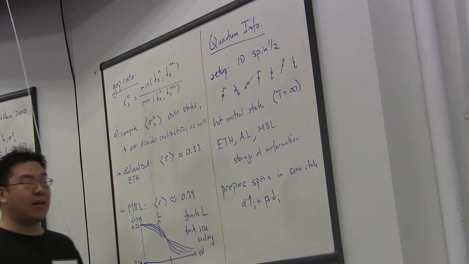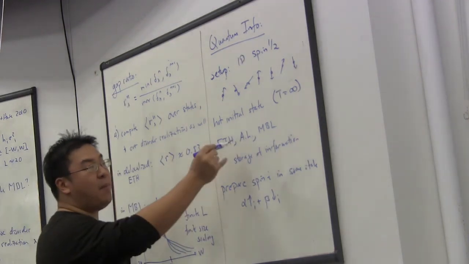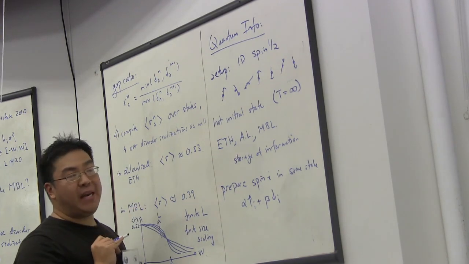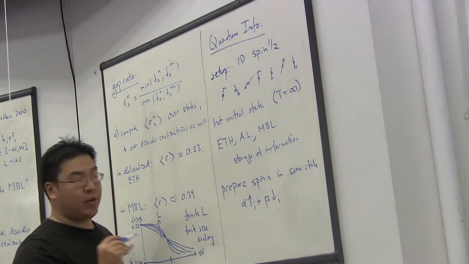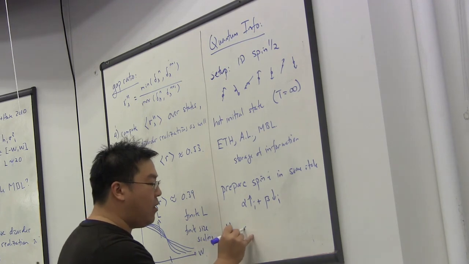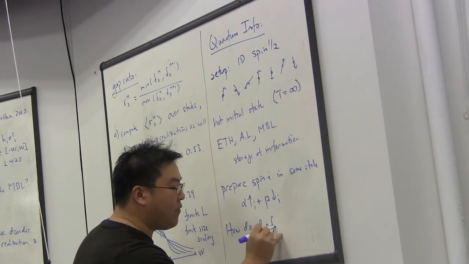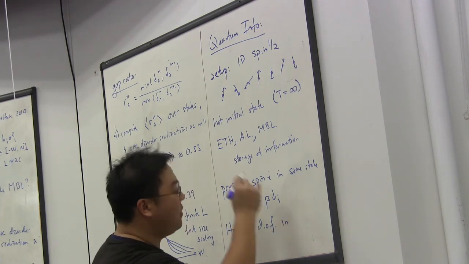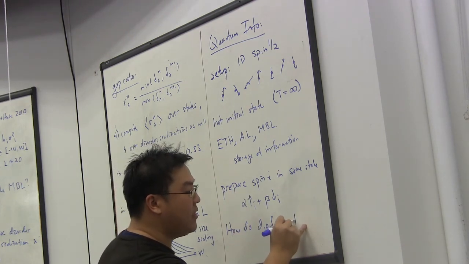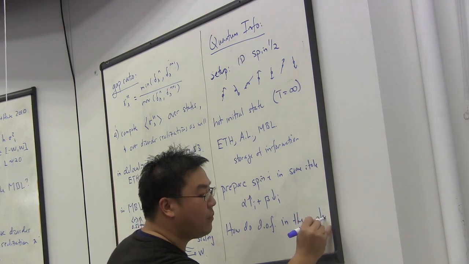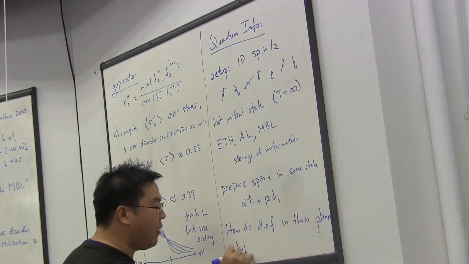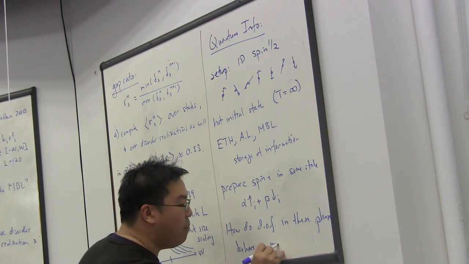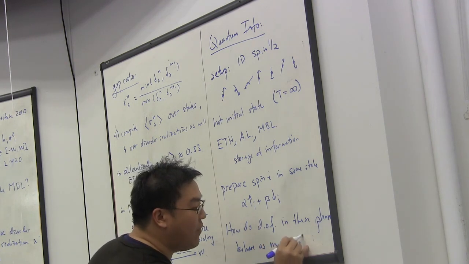And we'd like to ask, how do the degrees of freedom in these three different phases behave as memories of information?